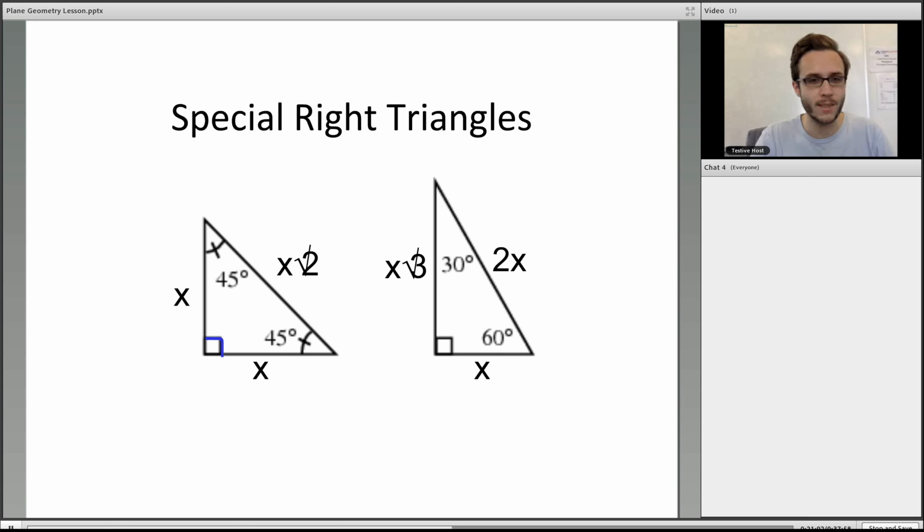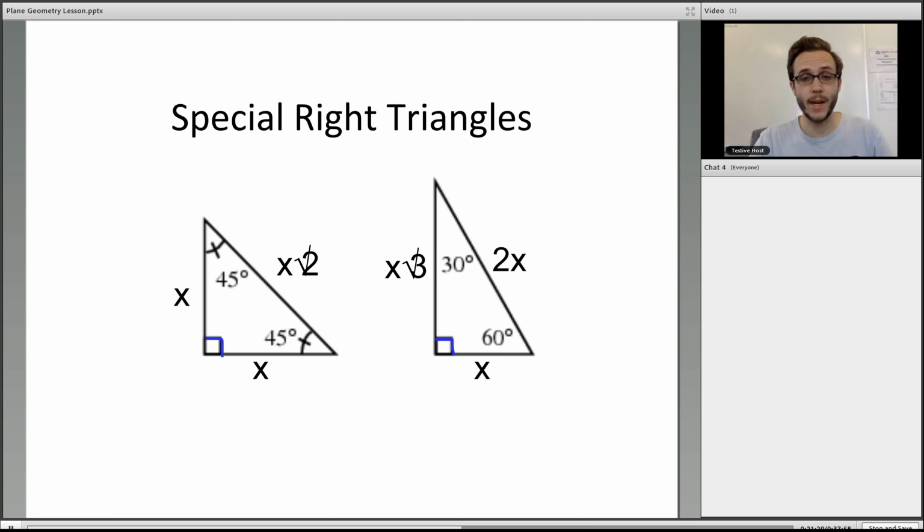So x, x, and then the hypotenuse is x root 2, right? So we can imagine if x were 2, the hypotenuse would be 2 root 2. Make sense?